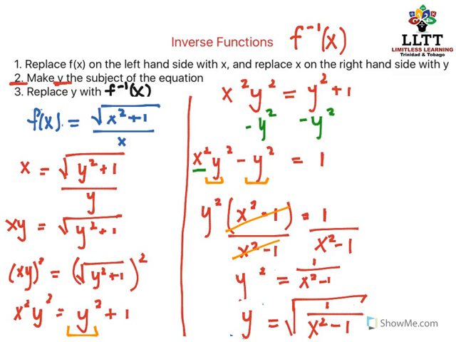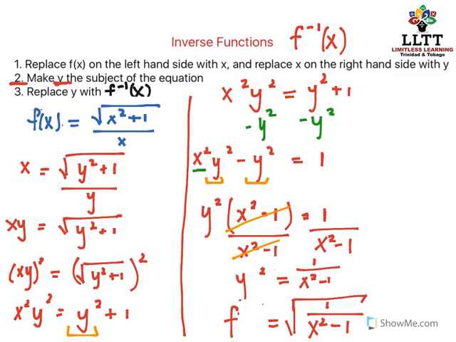So if I have y squared and I want to move from y squared to y, I have to find the square root. The square root of y squared will give me y, and then I find the square root of my right hand side, which is just the square root of 1 over x squared minus 1. And then my final step is to replace y, because I just put everything in terms of y, so I effectively finished the second step.